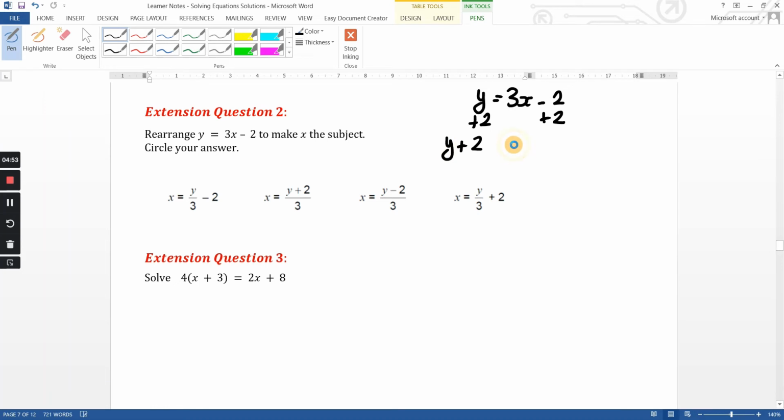That gives me y plus 2 on that side equals 3x. Now I'll have to divide by 3, so I'll get x equal to all of that over 3. Which one is that? This one. Yep, so you have to circle that one. Let's move on.